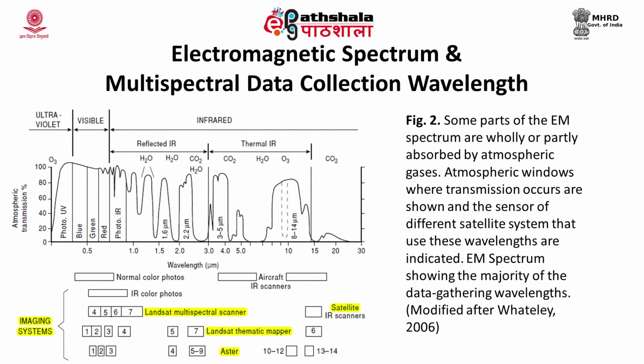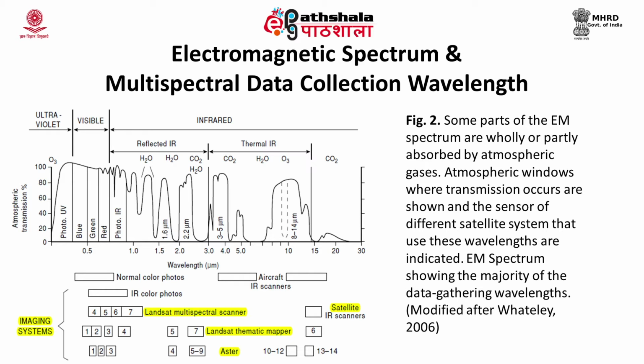In figure 2 you can see some parts of the electromagnetic spectrum are wholly or partly absorbed by the atmospheric gases. So, atmospheric windows where transmission occurs are shown, and the sensors of different satellite systems that use these wavelengths are indicated as boxes, with the electromagnetic spectrum showing the majority of the data gathering wavelengths. Here you can see the ultraviolet region mostly gets absorbed by O3, ozone, and if you look at the visible range, that mostly can reach the sensor.